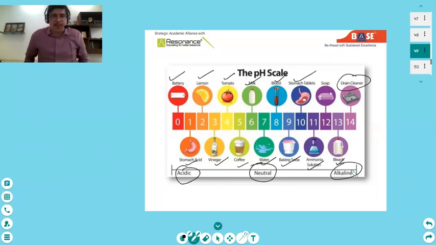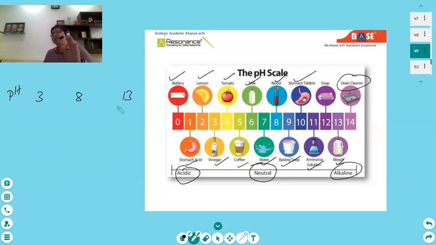Now pH, suppose I give you three pH values. There is pH 3. Suppose I take pH 8 and I take pH 13. And I ask in which of these three the H plus ion concentration will be more. Concentration means what? Amount.